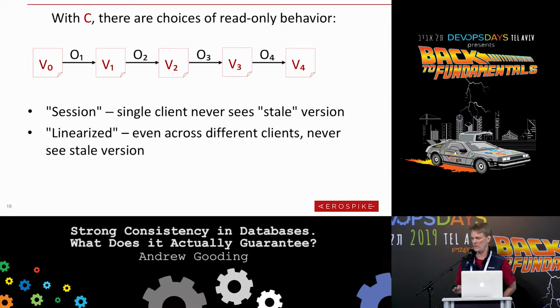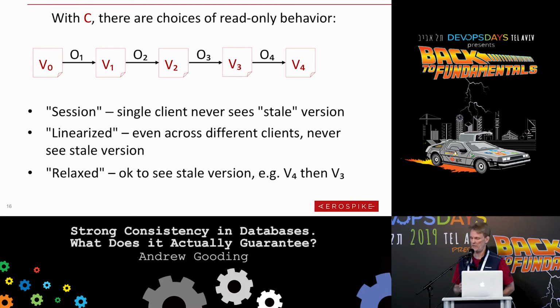If you've seen v3, you're never going to see v2 again. You're only going forward from there. The other option I listed here is linearized, which means that even across different clients, you'll never see a stale version, meaning that if client A has seen v3, then client B better not see v2.